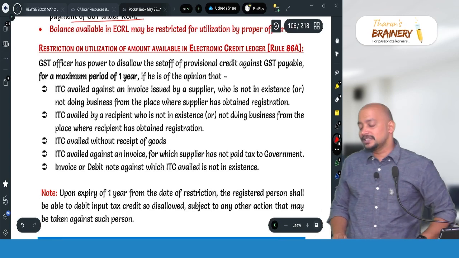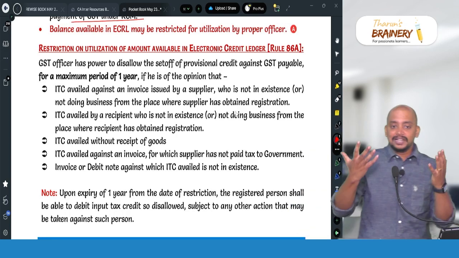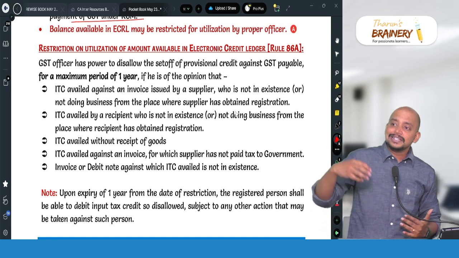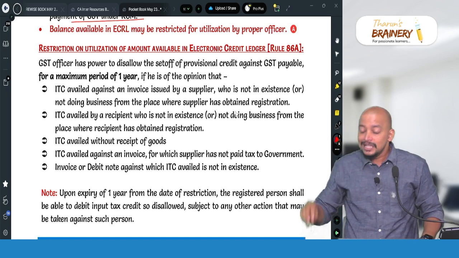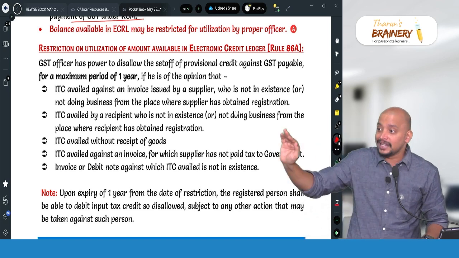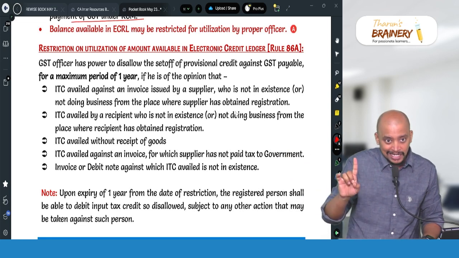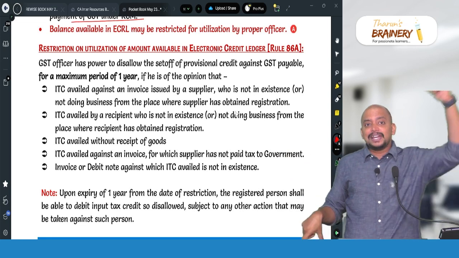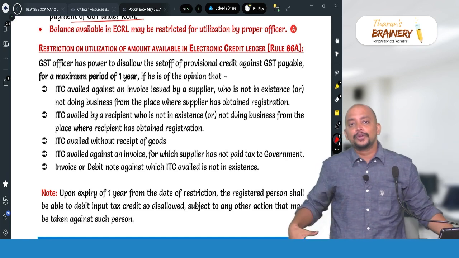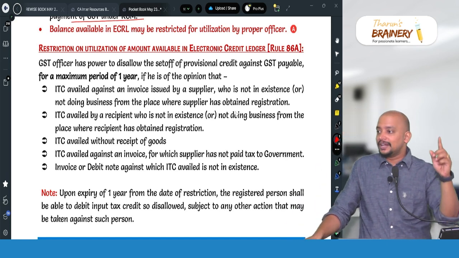As per rule 86A, suppose if we have availed some ITC and that ITC is there in our electronic credit ledger, this ITC can be suspended up to a period of 1 year if supplier is not in existence or not doing business from the place where they have obtained registration.